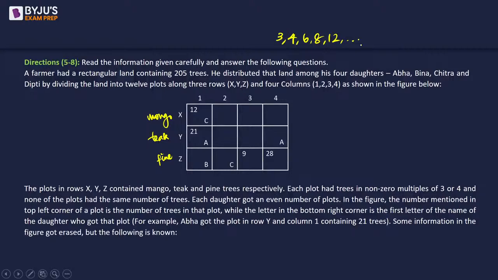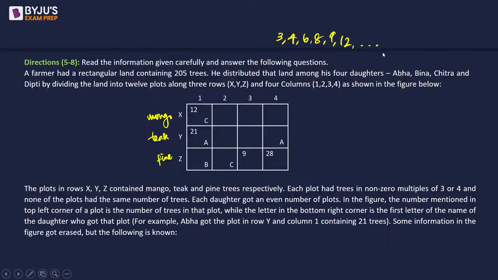So all the numbers, 9 also. 9 is missing. So 9 and then 12 and so on. These are all numbers which are non-zero multiples. Non-zero means zero is not allowed. Okay, and none of the plots had the same number of trees. So the number of trees in each of the 12 plots is going to be unique.